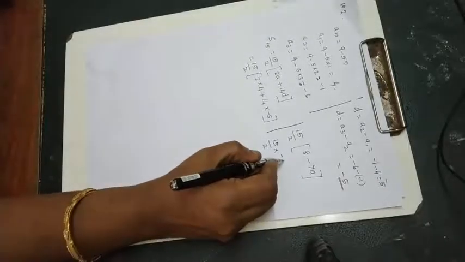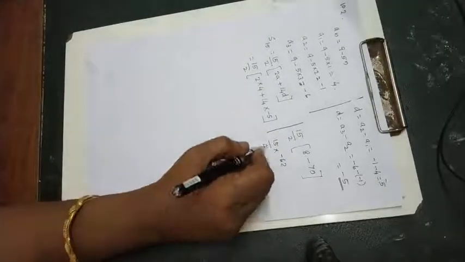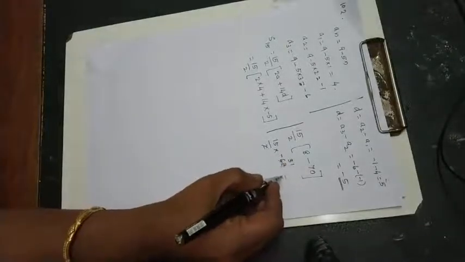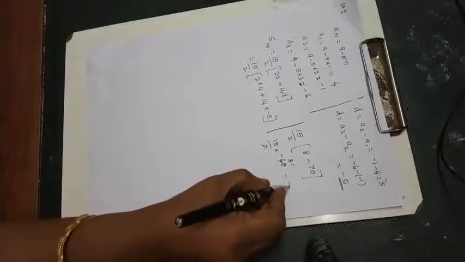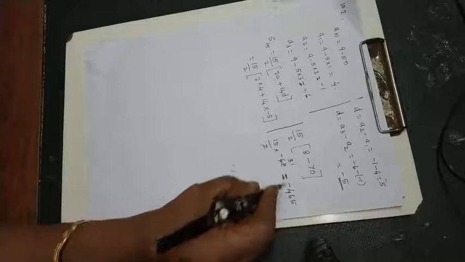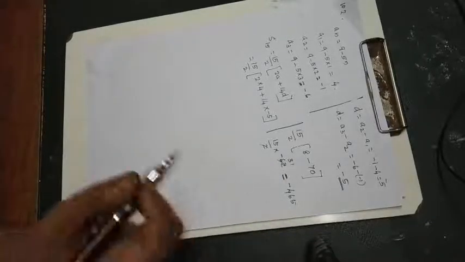So that is -31. So -31 into 15. So you are getting a negative value, negative 465. That is the second question.